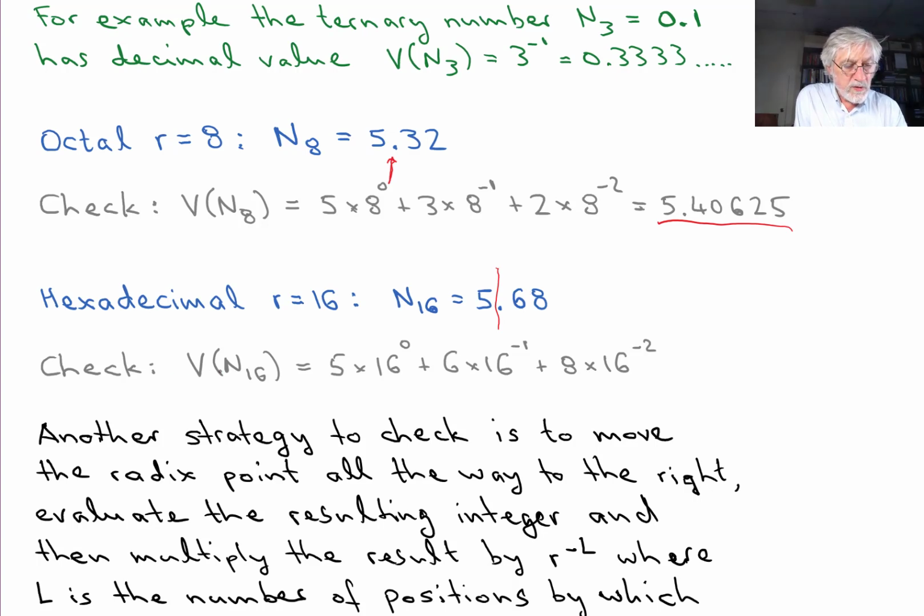So the value here of n16 is 5 times 16 to the 0, because we are to the left of the radix point, and then to the right we have 6 times 16 to the minus 1, and 8 times 16 to the minus 2. And this is again 5.40625 if you use a calculator to compute that.